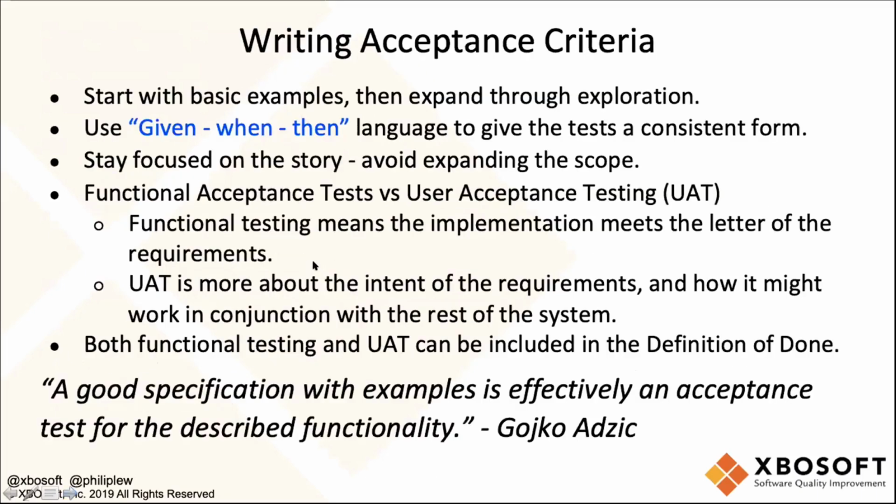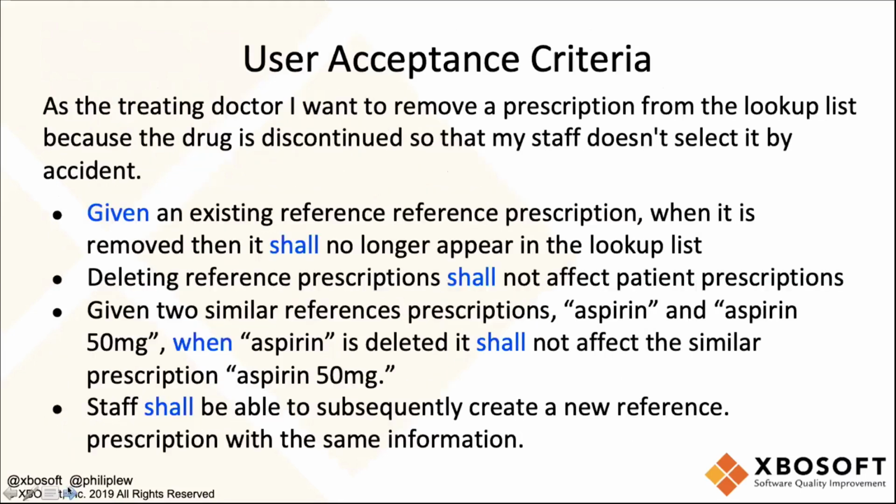Next, what we like to do is use a certain language when writing acceptance criteria, with this given, when, then type formula that enables you to write acceptance criteria in a consistent format, and in a way, it's a checklist to make sure that your acceptance criteria are sound. Here are some examples of using these terms: given and shall.